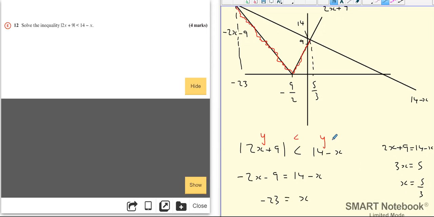So what is my solution looking at the graph? Can you please, looking at the graph, tell me what the solution to this should be?